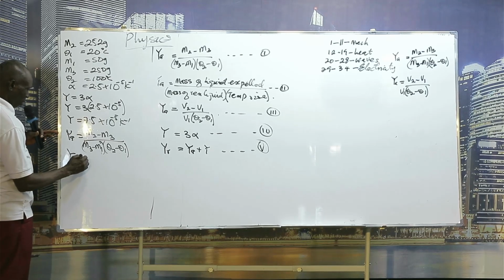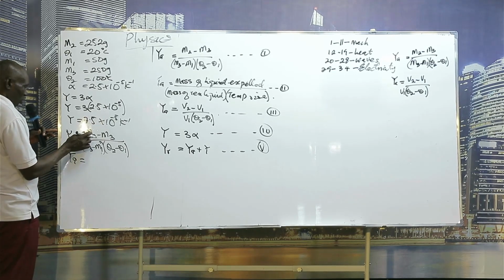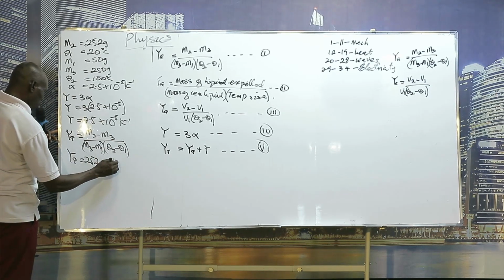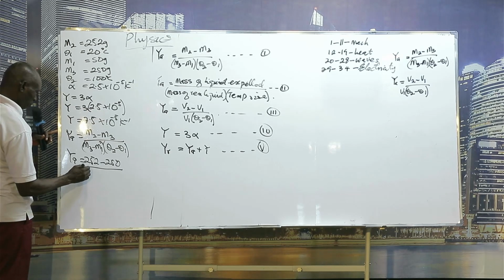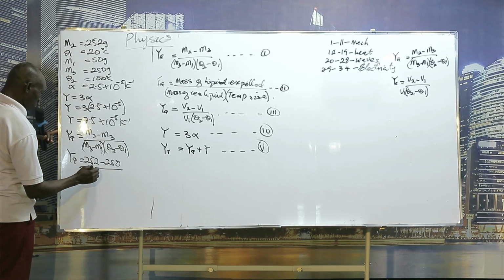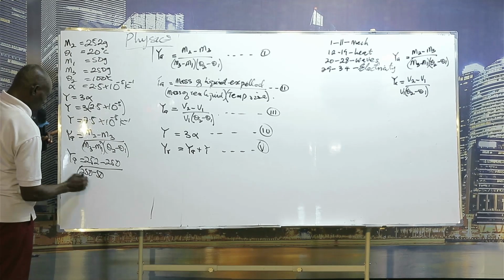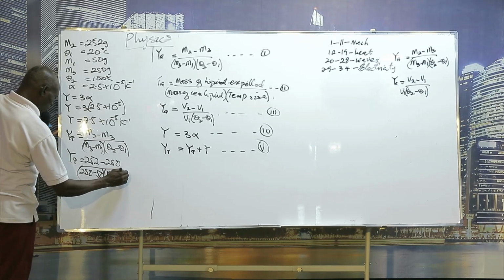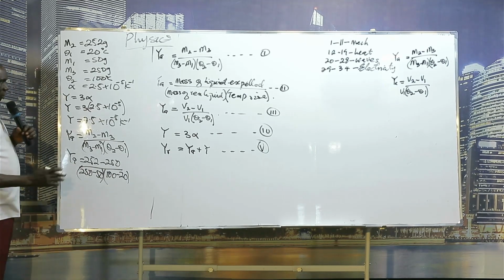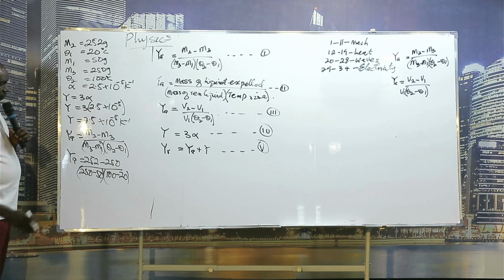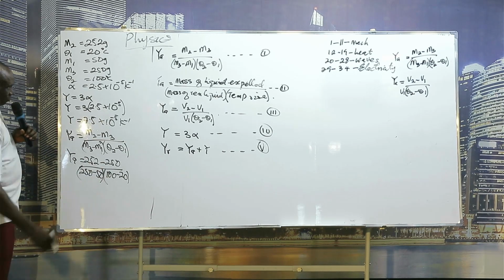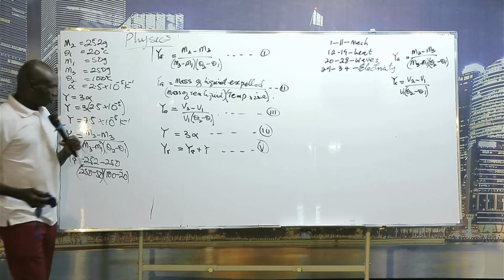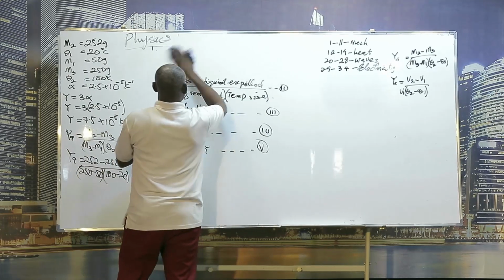That YA now will be 252 minus 250 over 250 minus 50, into 100 minus minus 20. That is all. You need to just substitute normally. Now, 252 minus 250 is what? It's 2. So you rewrite the values.